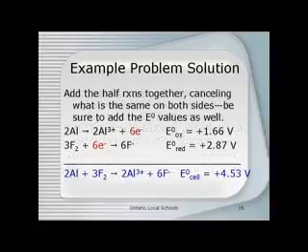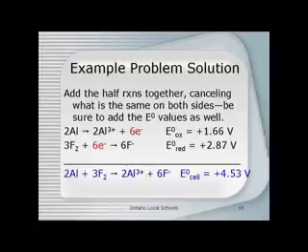Once we've balanced the half reactions, and you can see them balanced here, we're going to cancel what's the same on both sides. In this case, the only thing that's the same on both sides are the number of electrons, and then we're going to add those reactions together as well as the standard oxidation potential and the standard reduction potential.